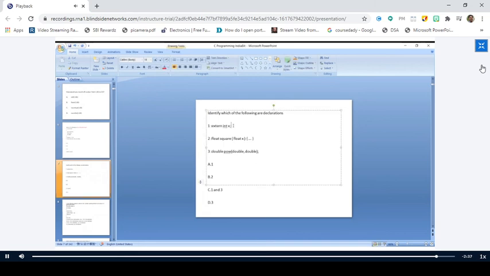Identify which of the following are declarations. This is also a simple question. The first one is extern int x. Is it a declaration or not?